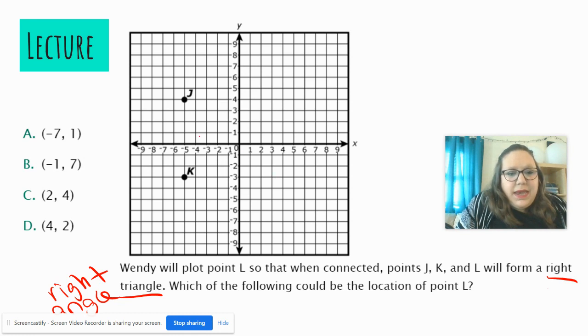Point A would be at (-7, 1). That would not form a right triangle. It would actually form an obtuse triangle if I put all the points together, if you can see that.